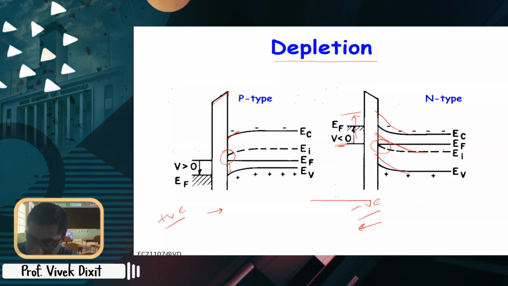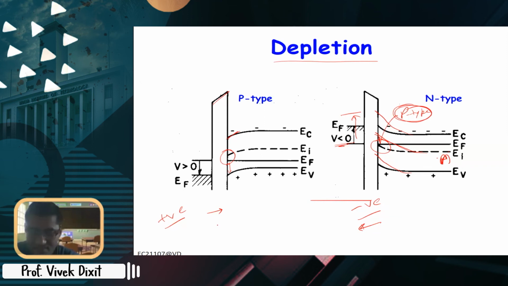So this is basically your bulk N type because EF is above, and here it will become P type. Now it is not that the semiconductor has turned into P type, but holes are created here due to this high applied negative bias.